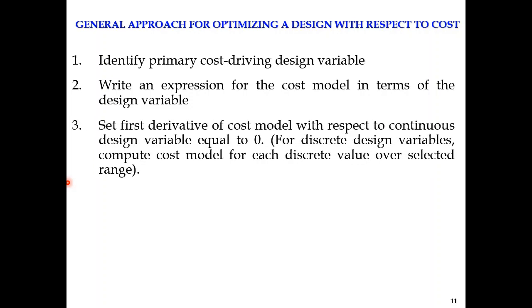The third thing is, if we want to optimize and the function appears to be differentiable, we will take the first derivative of the cost model, and we will set it equal to 0 to find its extreme point. Of course, sometimes this design variable can be discrete. It means that it cannot take any value, like 5.2, 2.7. It can just take some certain values given to you. Then you need to select the best one of the alternatives for all possible values.